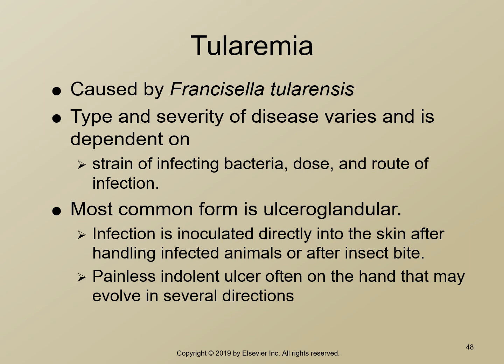The type and severity of disease depends on the strain of infecting bacteria, the dose, and the route of infection. Transmission can occur, as we've already seen, through contact with infected animals or contaminated water or soil, or from arthropod bites, with the most common form being ulceroglandular, in which infection is inoculated directly into the skin after handling infected rabbits, rodents, and other wild animals.